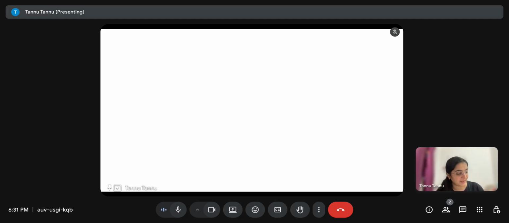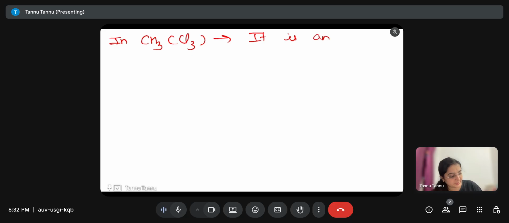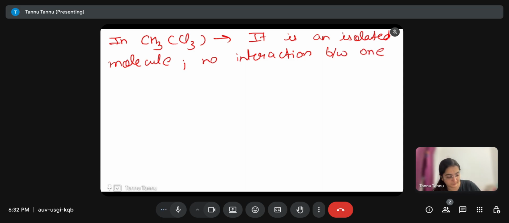So, what is the reason behind this? In CH3CCl3, it is an isolated molecule, that is, no interaction between one molecule to other is possible.